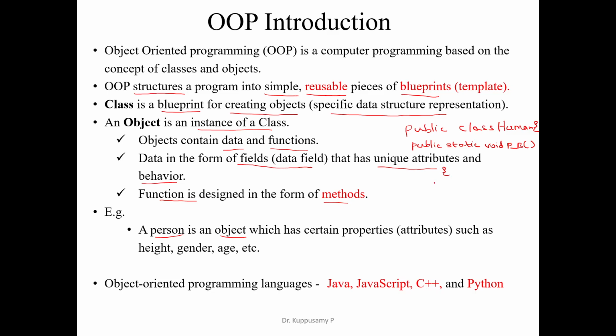Here I am passing the attributes we are using: height, gender, age. So I am using those attributes: integer height, integer age, then string gender.